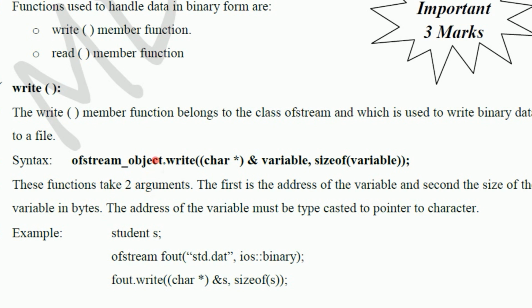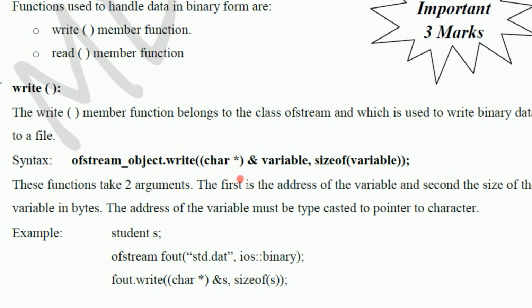And the syntax is: ofstream object. It is an output stream. For write we need an output stream. Output stream object.write, and we have to specify in which type of format it is writing. So char*, write it in character form. It is common.